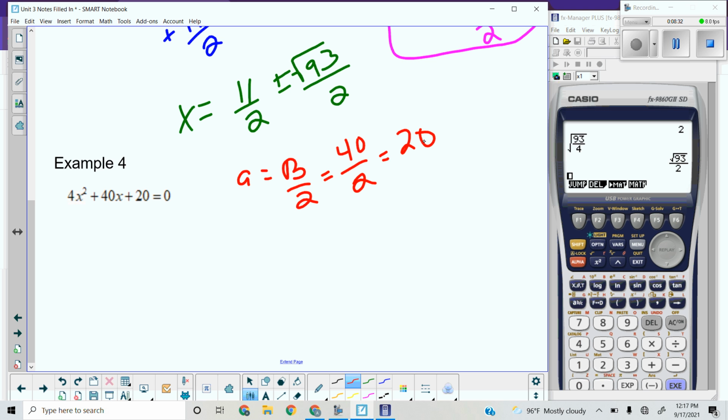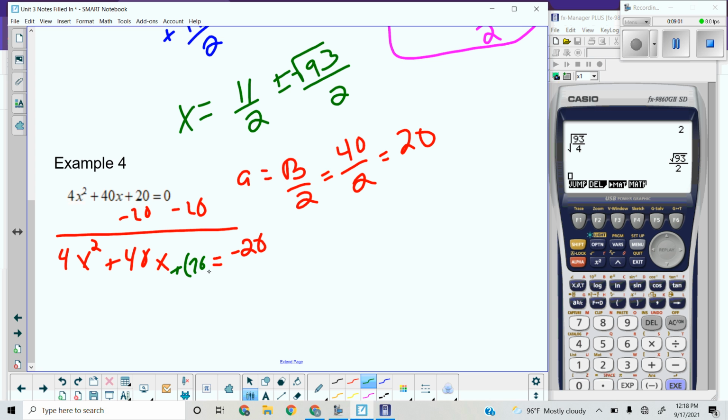Now 20 squared is not 20. So we need to subtract 20 on both sides, getting 4x squared plus 40x equals negative 20. Now then, we have to add 20 squared on both sides.